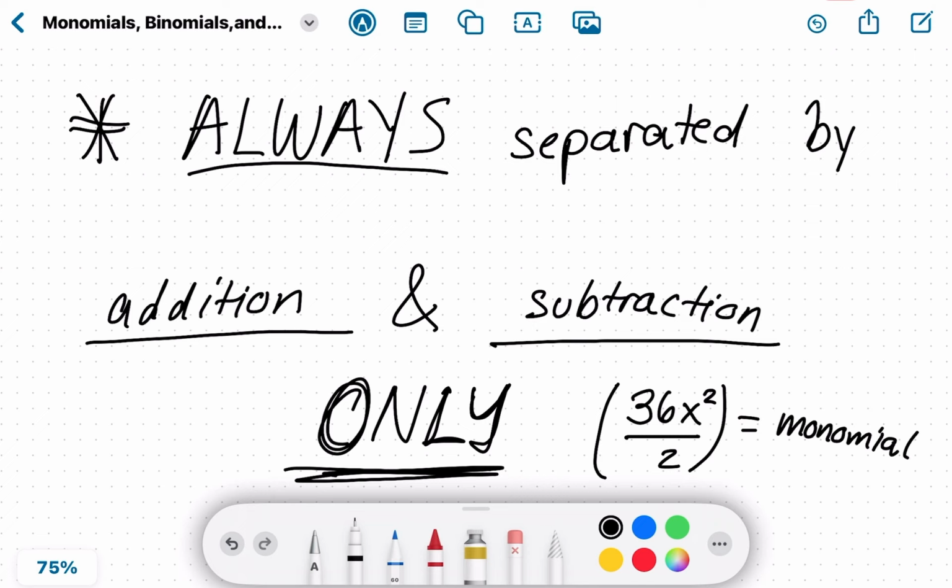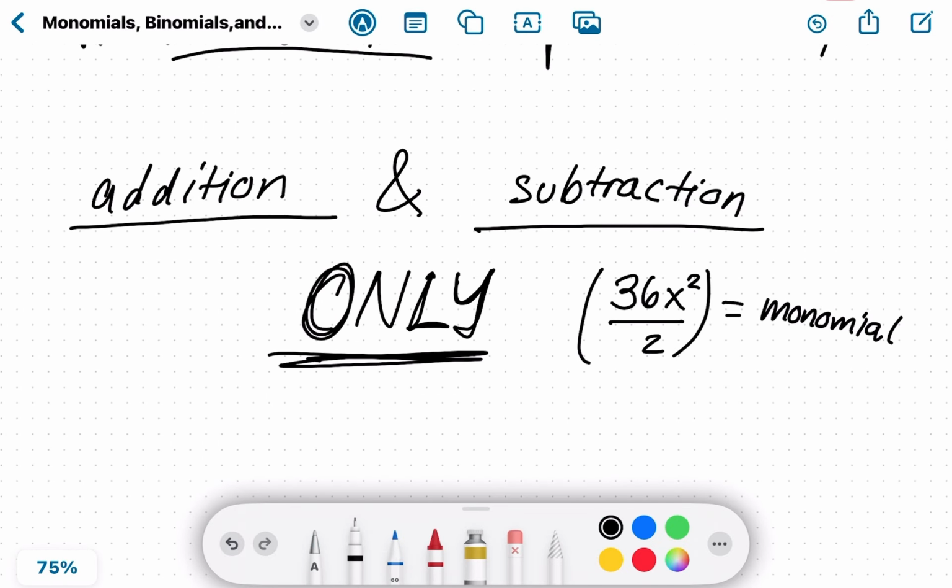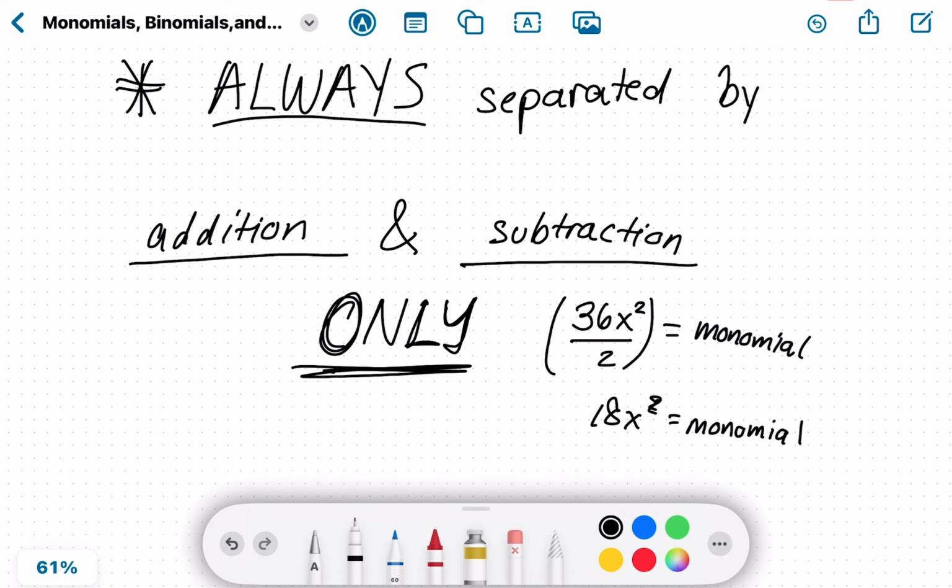Don't let the extra 2 on the bottom trick you, because once again, we're dividing, and this could be further simplified into, do the math, I'll give you a second to do that, 18x squared, which is also a monomial. And multiplication and division are always within the term as we illustrated in this example right here.